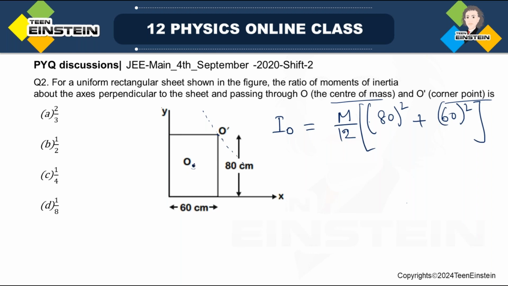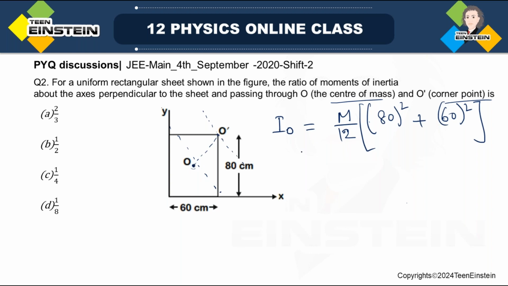Now you have to find out this distance to find out the moment of inertia about an axis which is passing through the corner and which is perpendicular to the plane of the paper, also the plane of the rectangular sheet. So here, what you have to do is apply the parallel axis theorem.